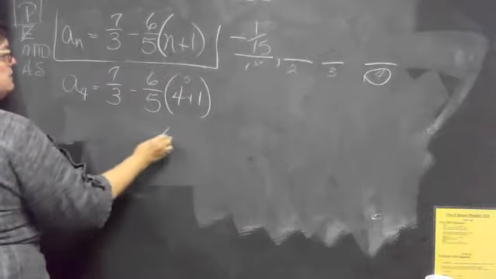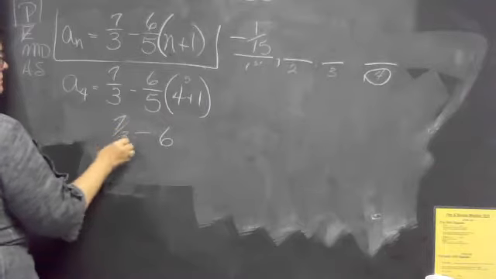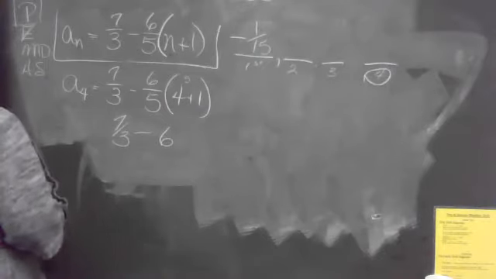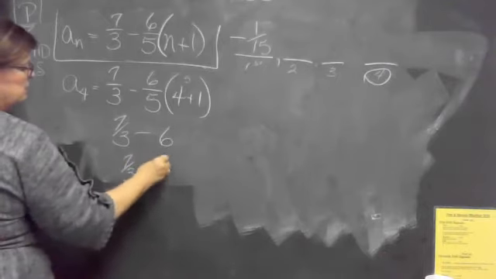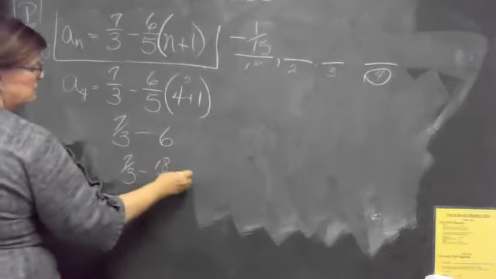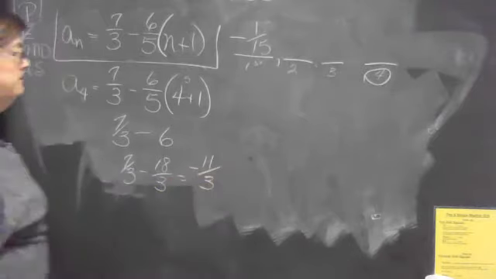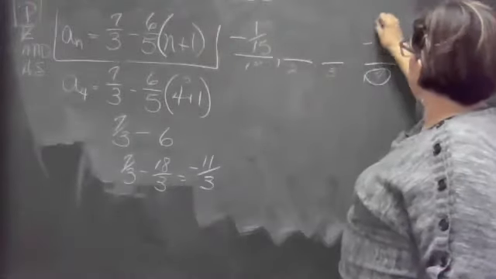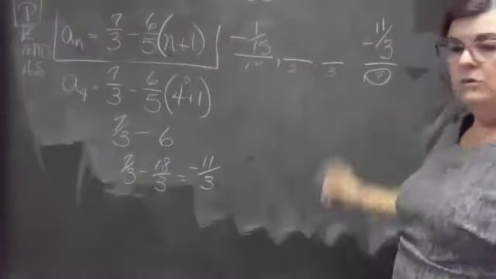So that's going to be 6. So you have 7/3 minus 6. So it's going to be like 7/3 minus 18/3. It's a negative 11/3. And again, you either find common denominators or use your calculator and it should come out. Negative 11/3 is the 4th item in this sequence.